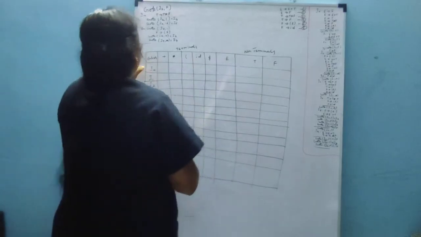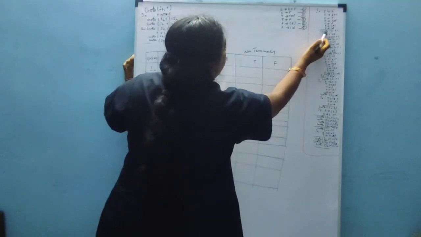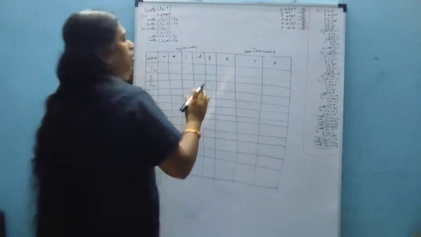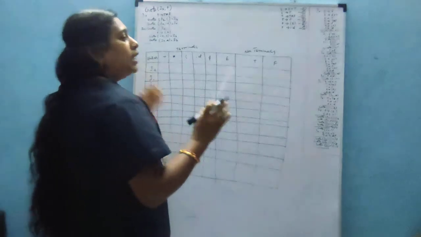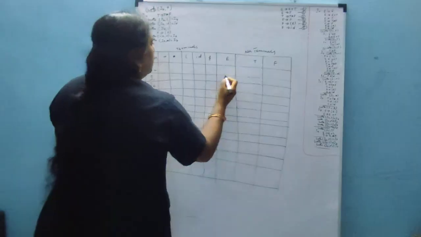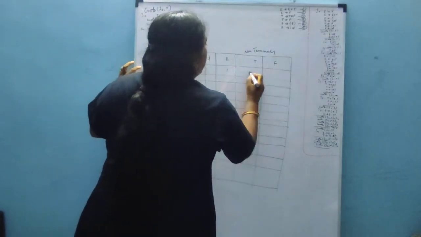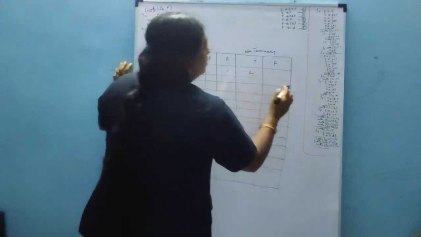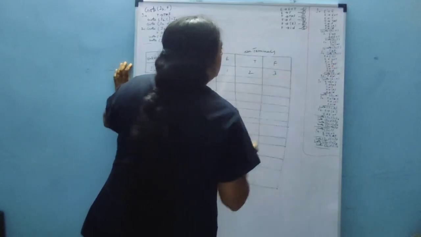First, go to I0 comma non-terminal E. That indicates the I1 state. While writing non-terminals, we write only the state number. So I0 comma E goes to state 1, I am writing 1. I0 comma T, state number 2. I0 comma F, state number 3.